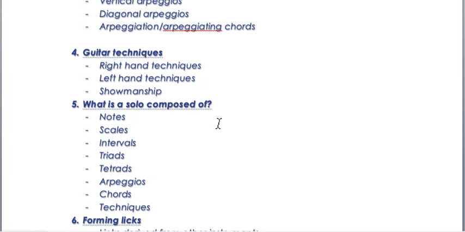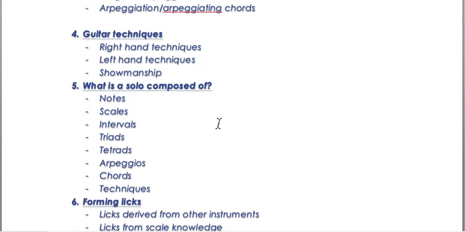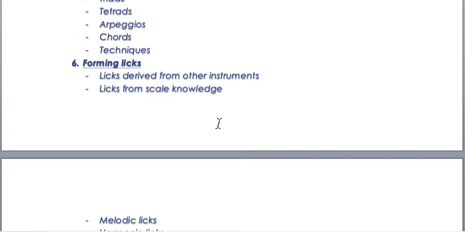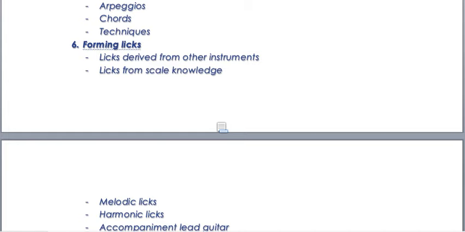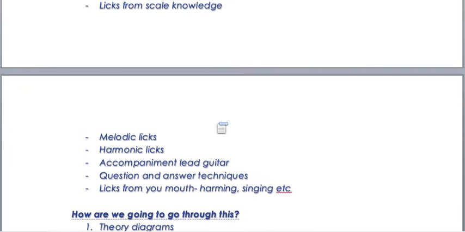Now we also go down to answer this question: what is a solo composed of? Basically, a solo is composed of notes, scales, intervals, triads, tetrads, arpeggios, chords, techniques, whatever we would have talked about up there can be used to form solos. Forming licks, that's our next number 6. We'll do licks derived from other instruments, licks from scale knowledge, melodic licks, harmonic licks, accompaniment, lead guitar, question and answer techniques.